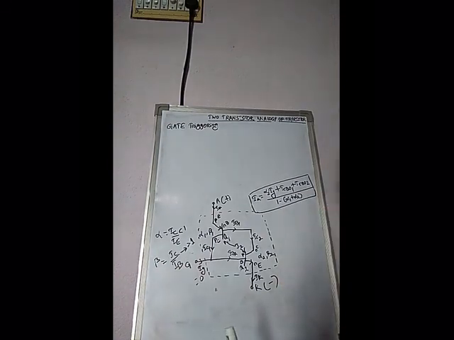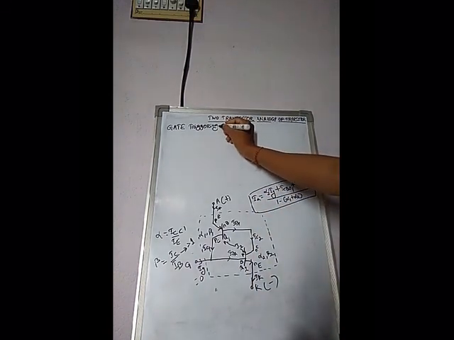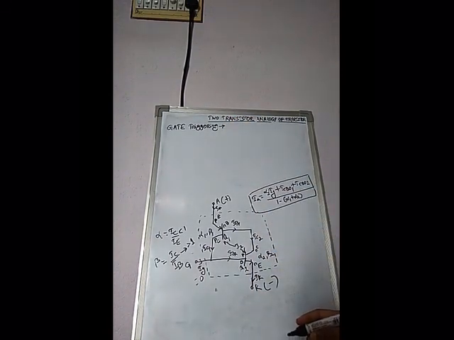Under the different turn on mechanisms, first we will describe the gate triggering method. In the gate triggering method, what happens? Initially, this is the thyristor: anode, cathode, gate.